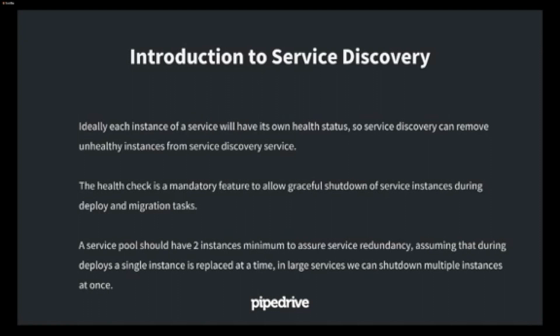So when we try to shut down a service, before shutting it down, we start to inform our health endpoint that we are not healthy. This instance of the service is not healthy. Why is it not healthy? Because it received the signal that the container is going down. So it starts to tell the service registry, I'm not okay.